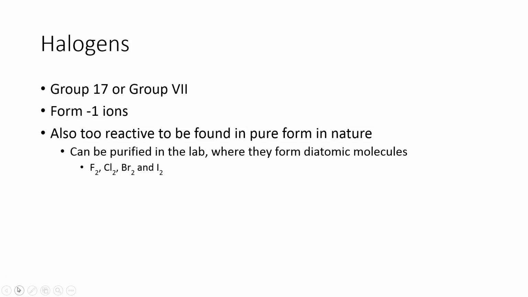They're also too reactive to be found in their pure form in nature, but they can be purified in the lab where they form diatomic molecules. And you see some examples there. So fluorine, chlorine, bromine, and iodine: F2, Cl2, Br2, and I2. They have perfect non-metallic properties.